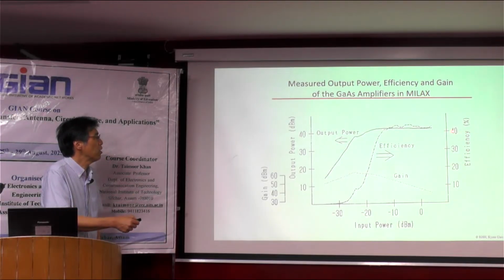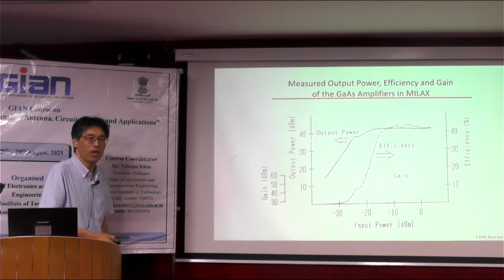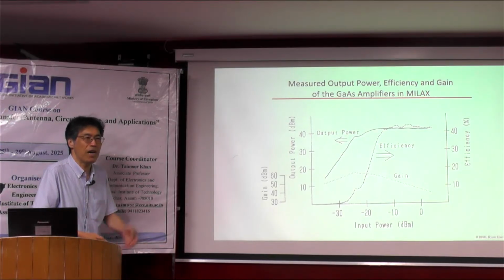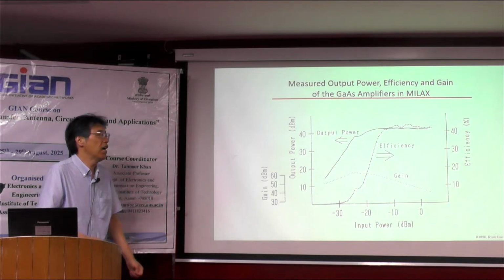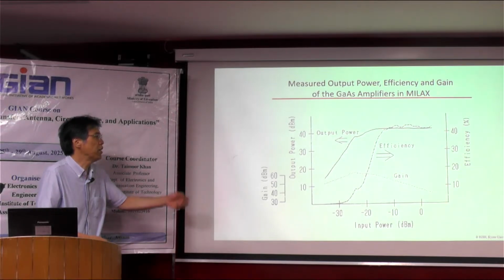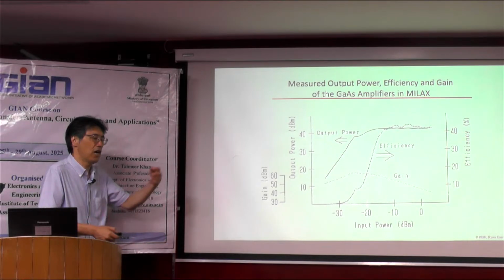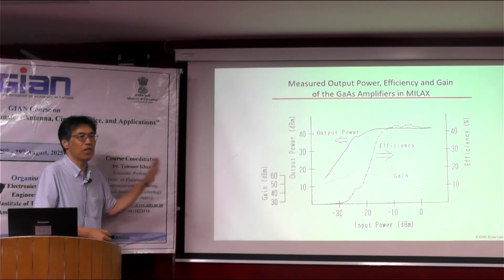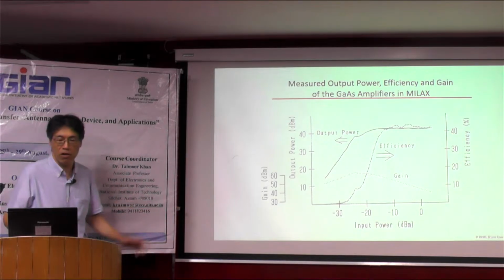So 40% is not good, but we keep developing a good amplifier and phase shifter year by year, and now we can increase the efficiency of the amplifier, etc. But this was a 30-year-old result.